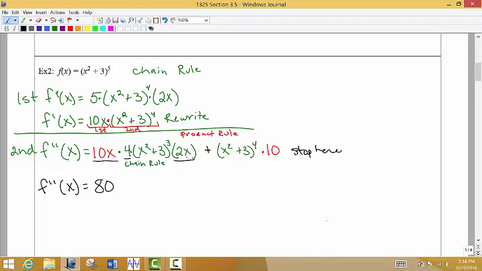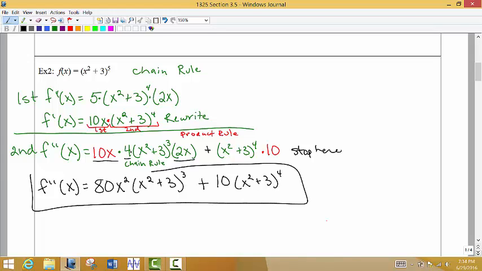I have x, and I have another x, and multiply those together, I get x squared, and then I have the group x squared plus 3 to the power of 3. Plus, so now I have a different term. So this one, I would just simply put the monomial out front just to make it look a little bit nicer, and then put the group that's raised to the higher power in the back. So this is how I would simplify it, and I'm going to stop right there, because the level of simplification is completely up to you.